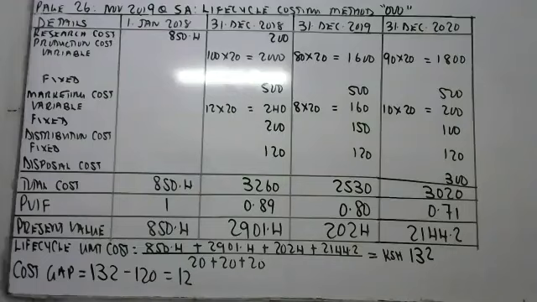Yeah, 1,000. So your variable cost, 40,000 times 100 kama ninafanya. So ni formula. Yeah, 4 million.